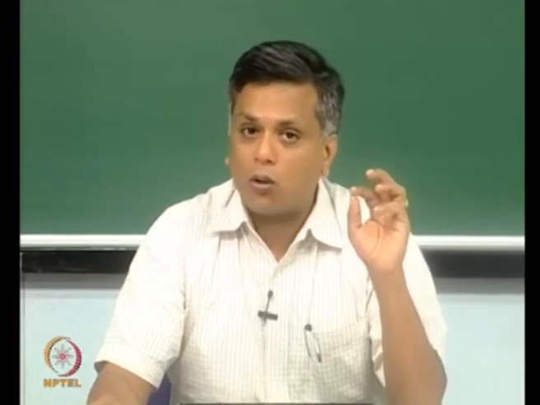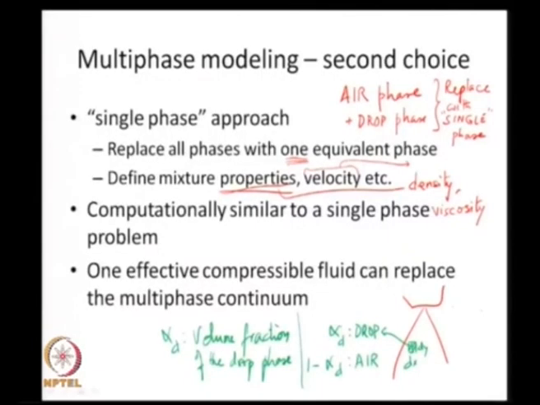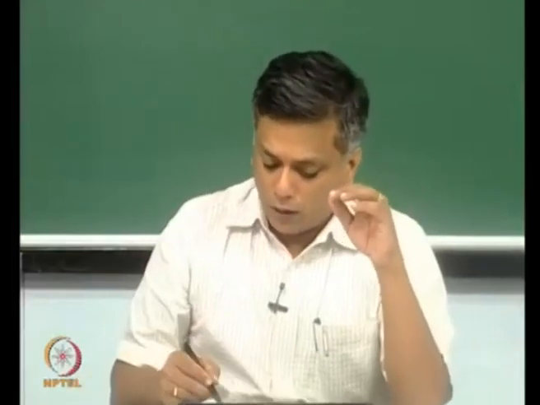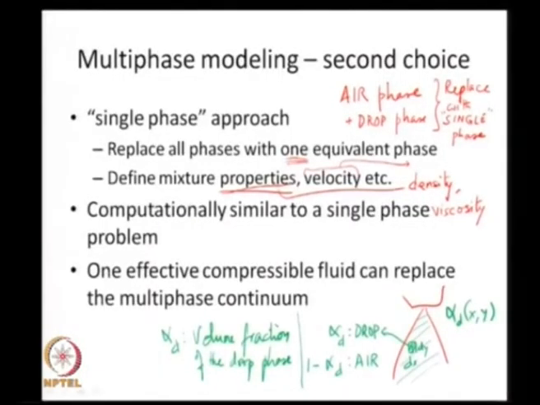So, if I know alpha d as a function of, let us say, x and y simply to start with, we will leave time out for a moment, it really does not make any difference. If I look at this entire spray, alpha d takes on a different value between 0 and 1 at different points in the spray. Now, I do not really know this red line, a spray is like a smeared out entity.